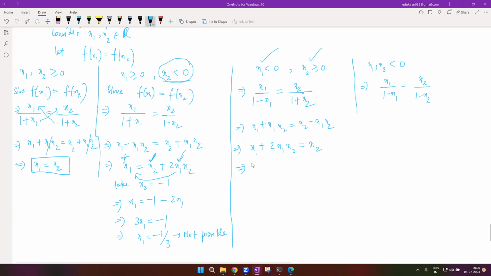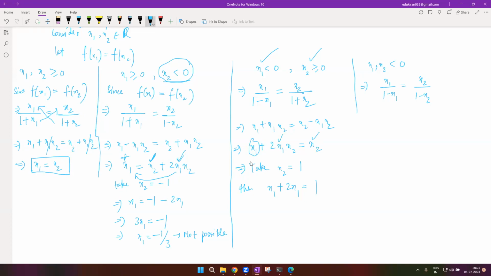Okay, so take x2 as some positive value. Let's say we are taking x2 as 1. Then x1 plus 2x1 is equals to 1, right? x2 will be positive, so this will be positive. This will be positive. We don't know about this. We have to find out x1, right? So if this is positive, this is positive.